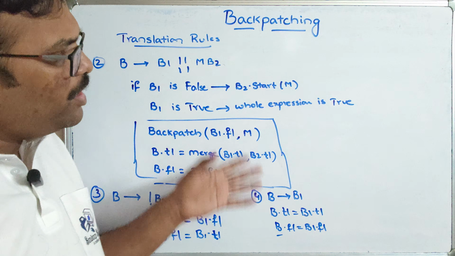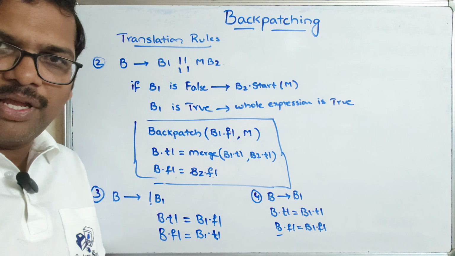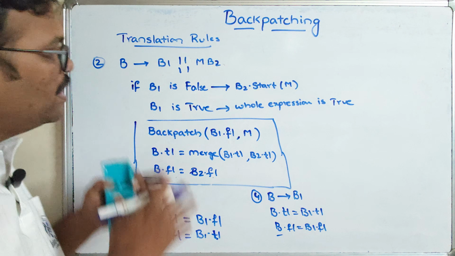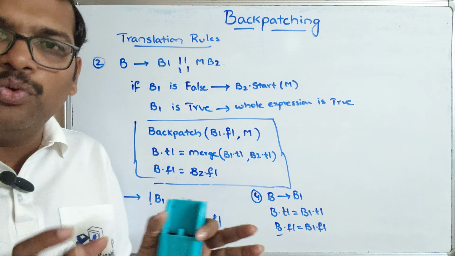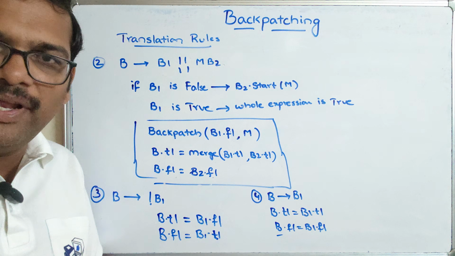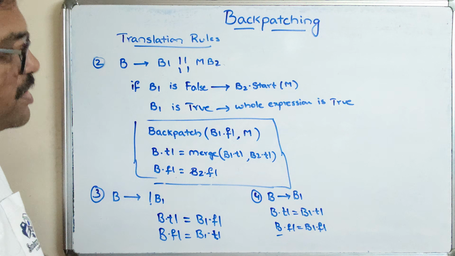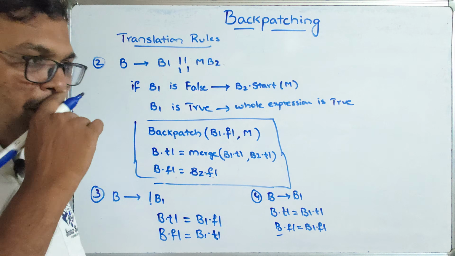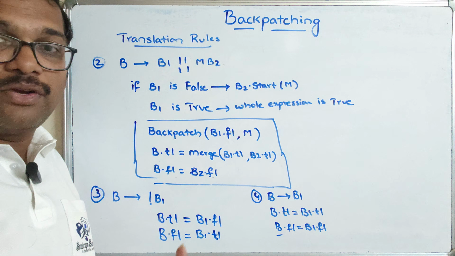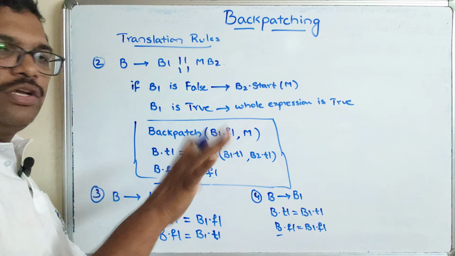Like this, there will be a lot of translation rules, but these are very important for any Boolean expression. So we are talking about Boolean expressions. In our previous session we have seen short circuit evaluation just for logical AND and logical OR.